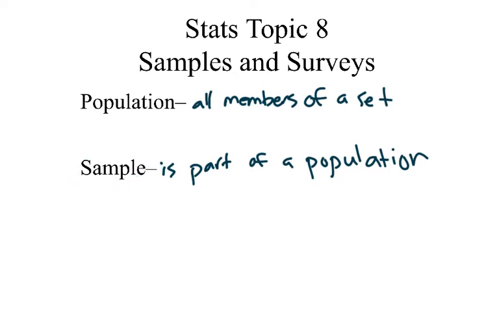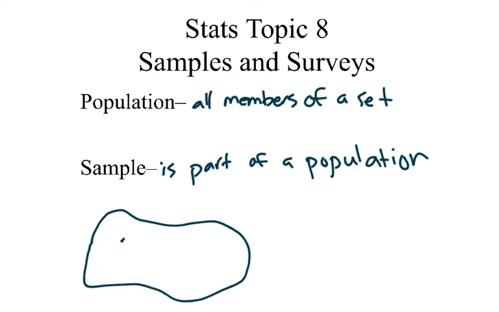So say we have a lake full of fish, and we want to know what the average length of these fish is. Instead of catching every single fish in the lake, we'll take a sample.